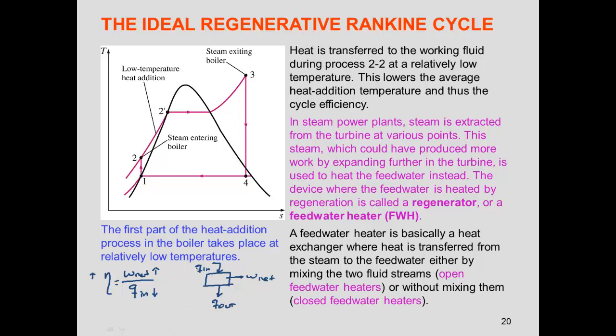Everything that we try to do in order to reduce this Q in will increase efficiency, but it cannot come from the outside, it should be from the inside. So we should have a way of reducing the amount of heat that we are introducing, but using the means that we have inside the system.